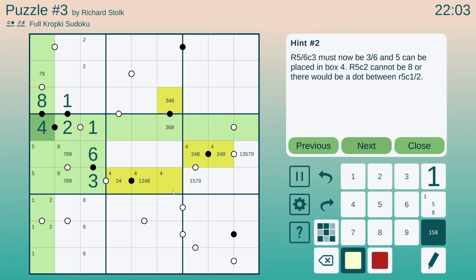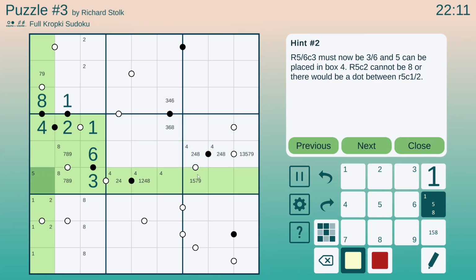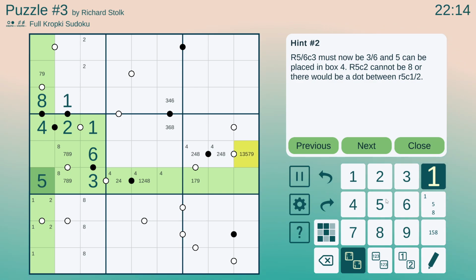Oh, because it's consecutive with 4. I wish they would just actually write out why, because it's just so confusing. And they just force you to guess.